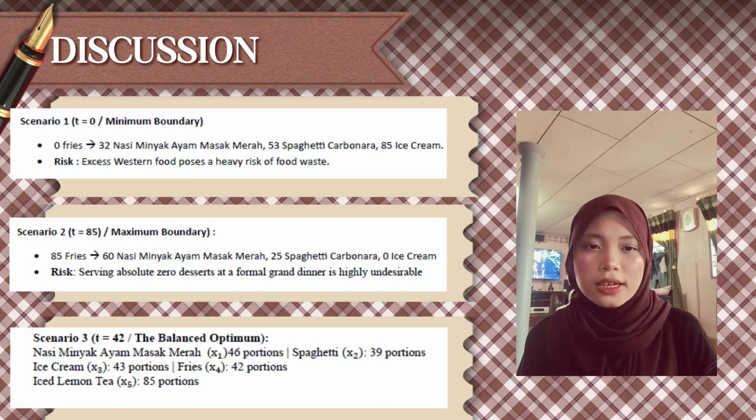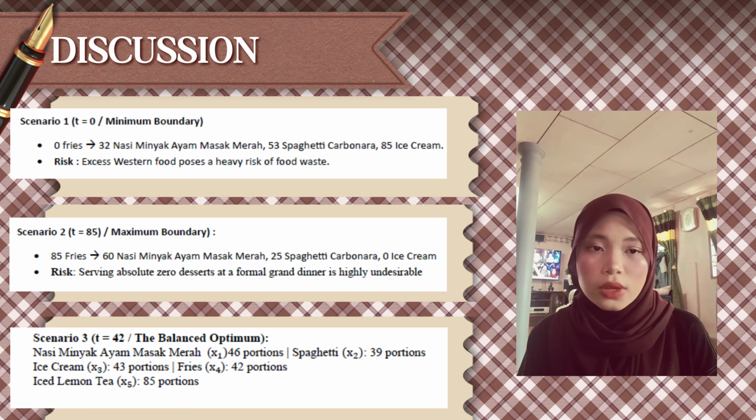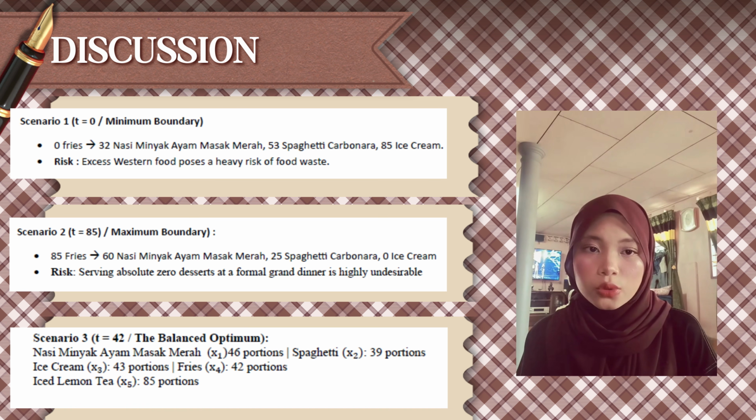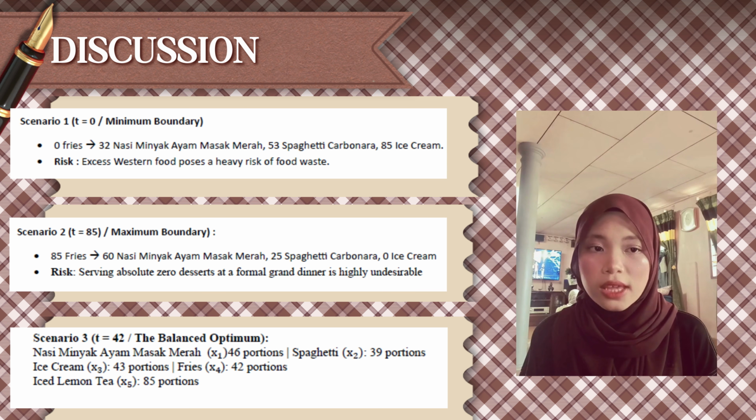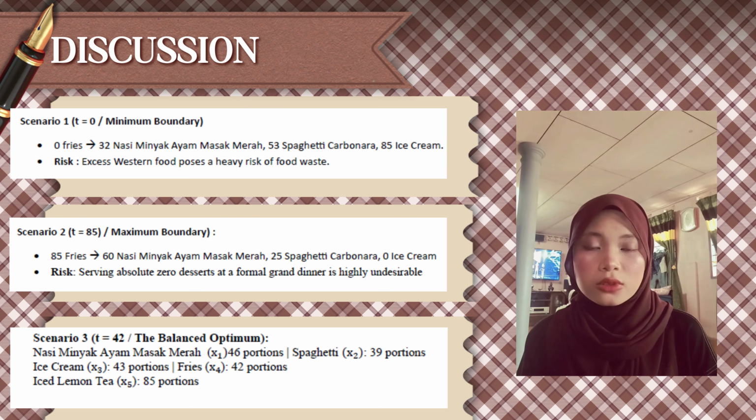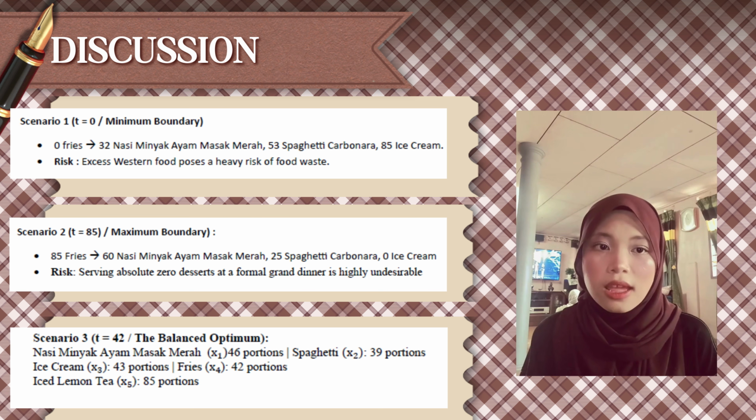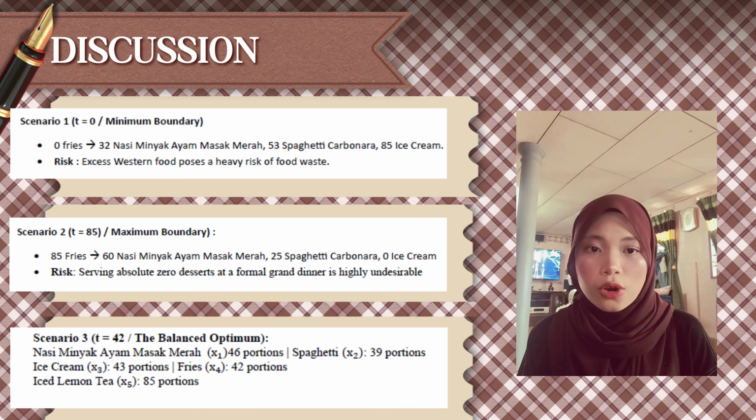This poses a heavy risk of food waste if most students prefer local rice. In scenario 2, if we choose the maximum boundary where t equals 85, we serve fries to all 85 guests, but our dessert drops to absolute zero. Completely leaving out ice cream is a terrible operational choice for a formal grand dinner.